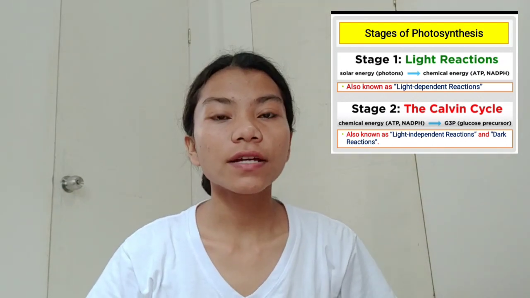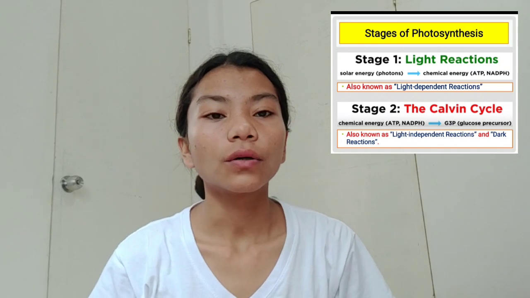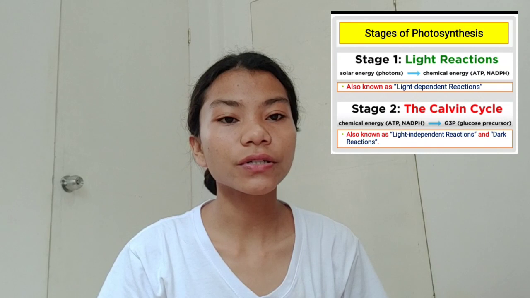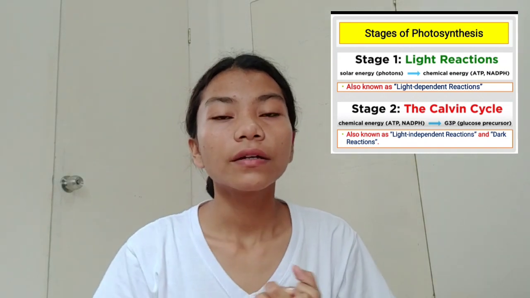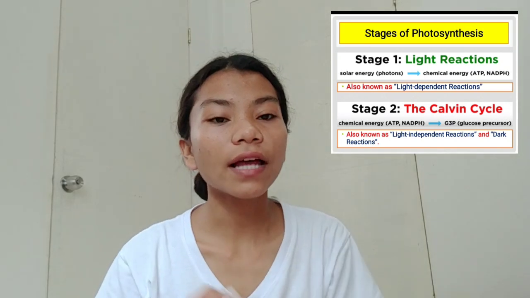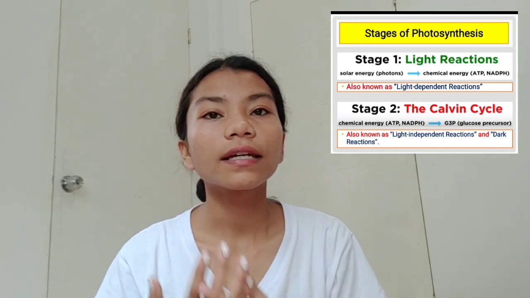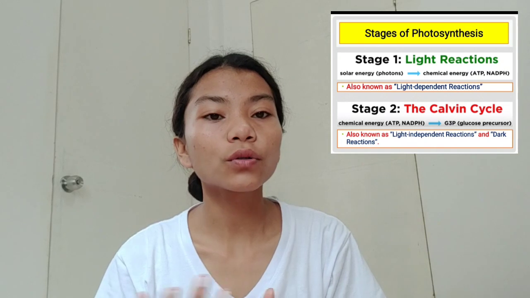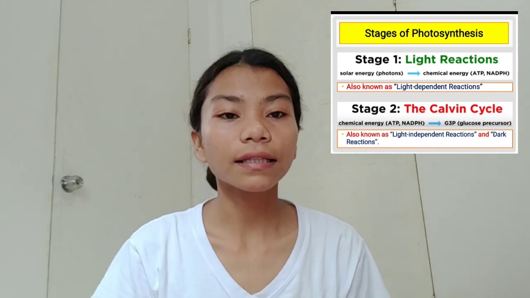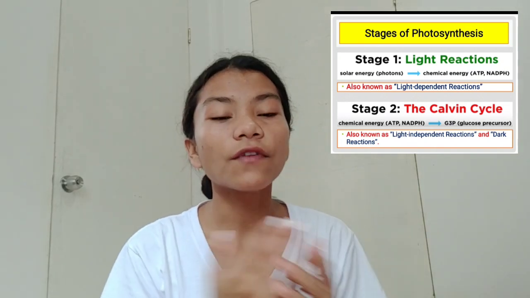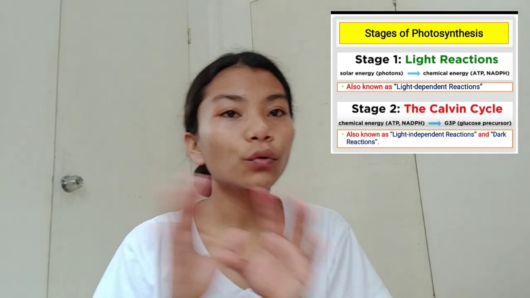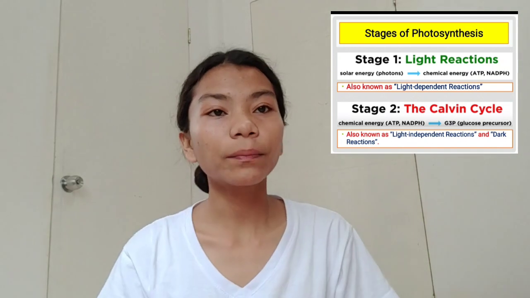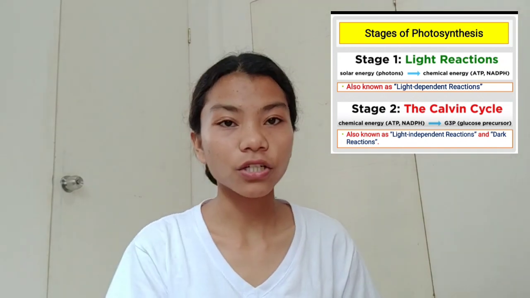The second stage is the Calvin cycle, also known as the light-independent reactions or dark reactions. Now, the difference between the light reactions and the Calvin cycle: the light reactions, also known as light-dependent reactions, convert solar energy or photons to chemical energy, ATP and NADPH.